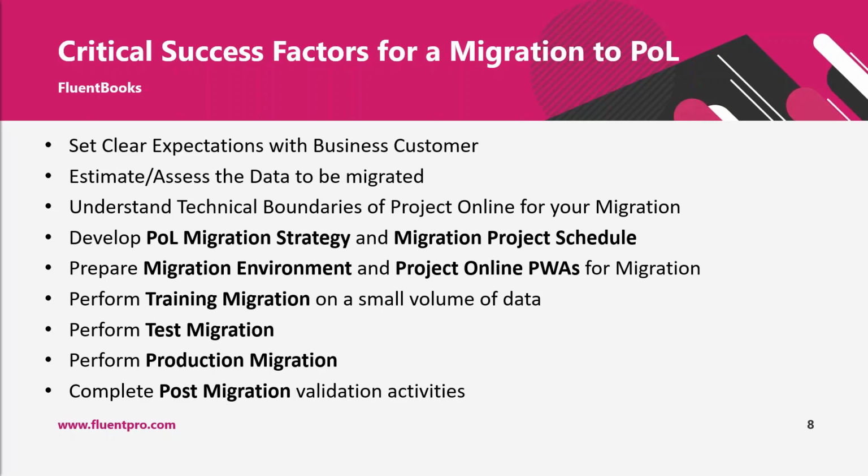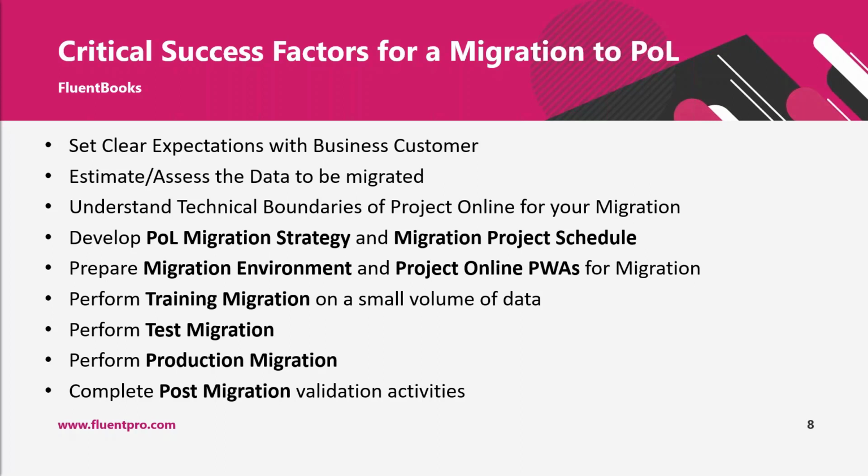The next factor is to estimate and assess the data to be migrated, to understand whether you need everything that you have in your source environment to be migrated to Project Online, or just some specific things. For example, if you have 1,000 projects, but some of them are really old and they don't need to be brought to Project Online.